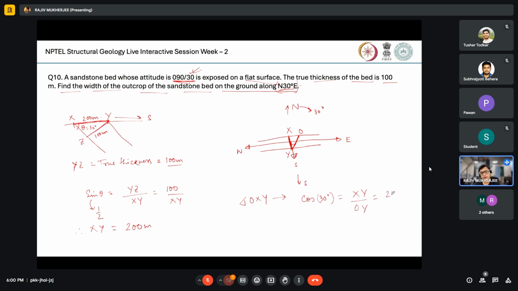Since XY is 200 meters, we can calculate the value of OY as 200 by cos of 30 degrees.